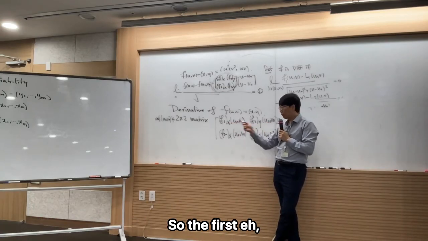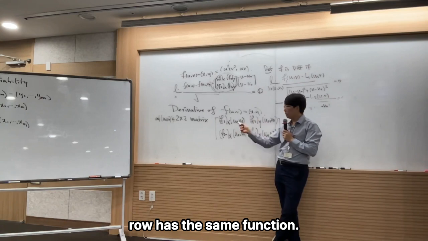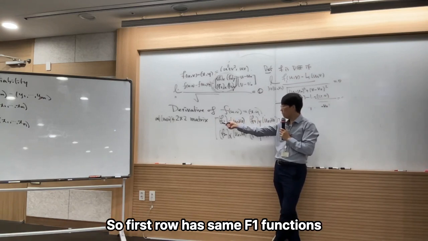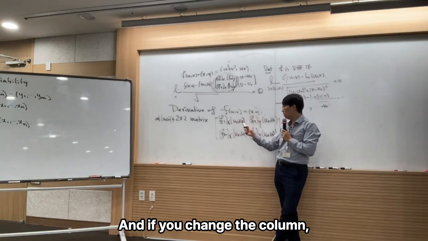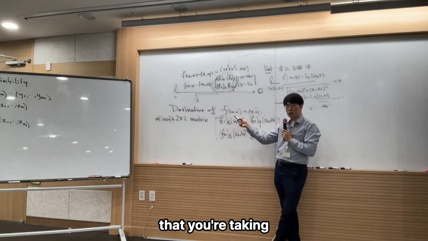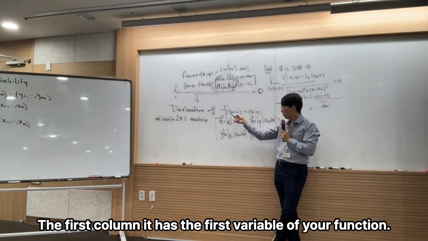The first row has the same function, f1, to take partial derivatives of. And if you change the column, you're changing the variable that you're taking the partial derivative with. The first column has the first variable of your function.